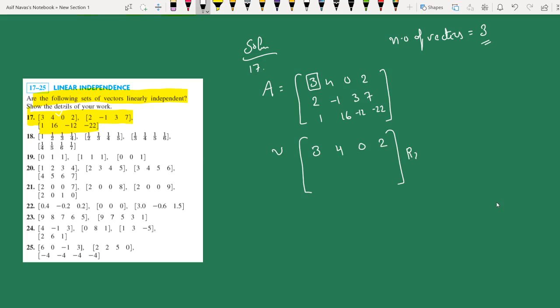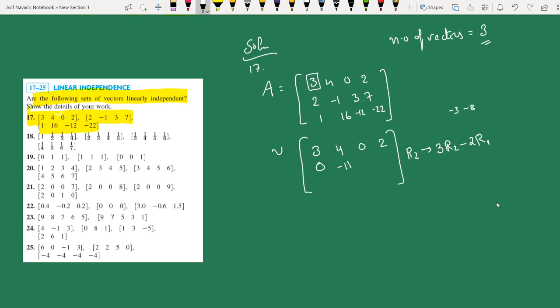Now I have to change R2 to 3R2 minus 2R1. So what will happen here? 0, then 3 minus 8, that is minus 5, then minus 11.